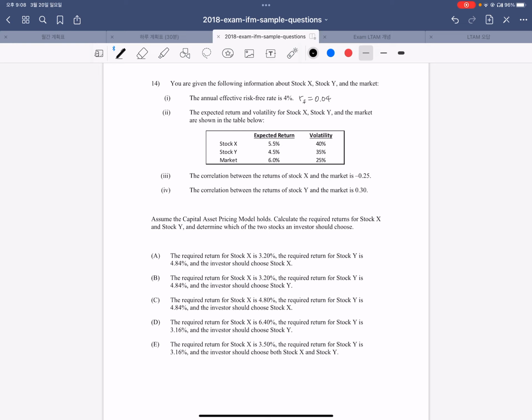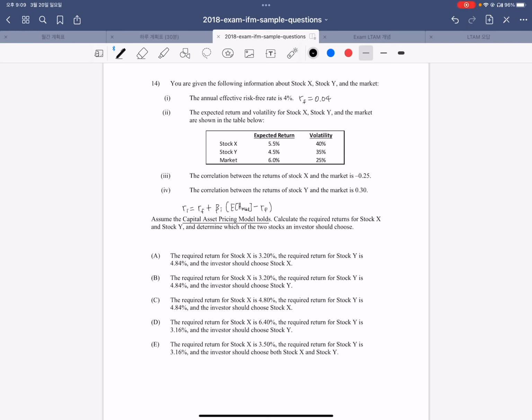Okay, so we're assuming the capital asset pricing model holds. And the capital asset pricing model states that the required return of an asset equals the risk-free interest rate plus beta of the asset, parentheses, expected return of the market minus risk-free interest rate.